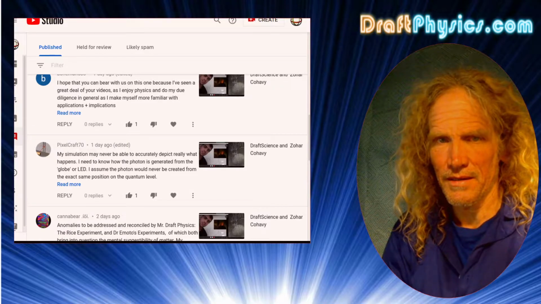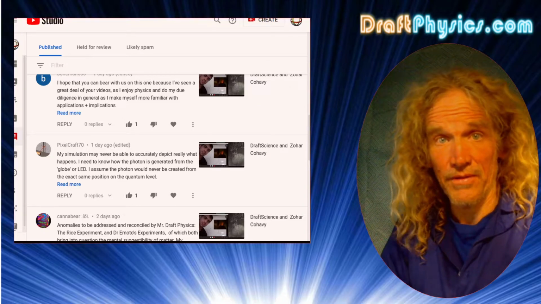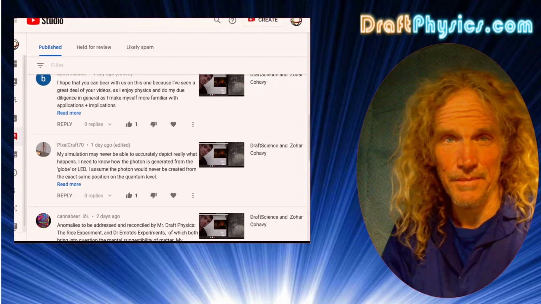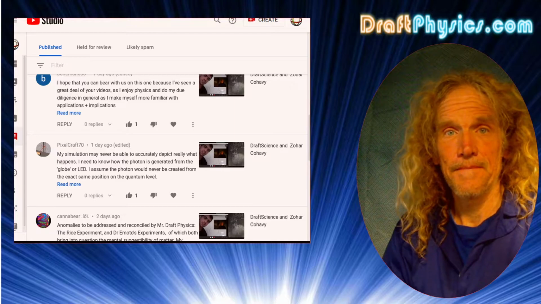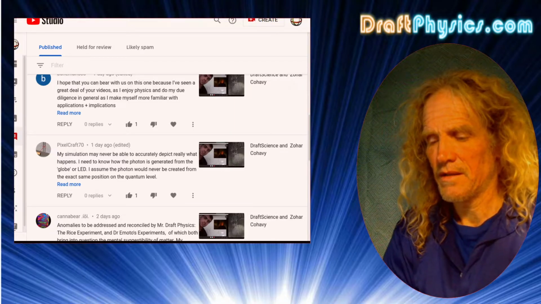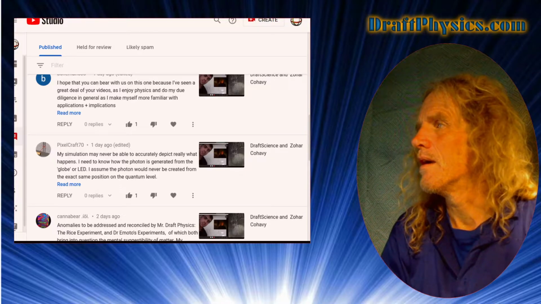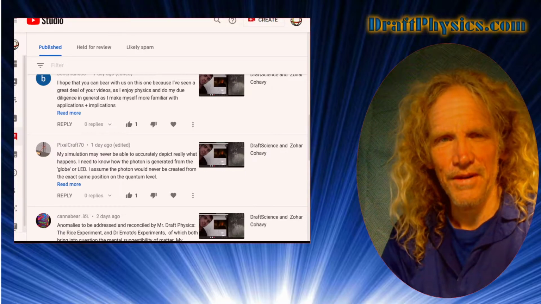Well, the whole point I'm making here is that it's so simple that you should be able to depict it because it's not very complicated. The real elements are really simple. There's just the distance to the screen, the frequency of the light, and the width of the slits, and that's all there is, in terms of relevant variables.